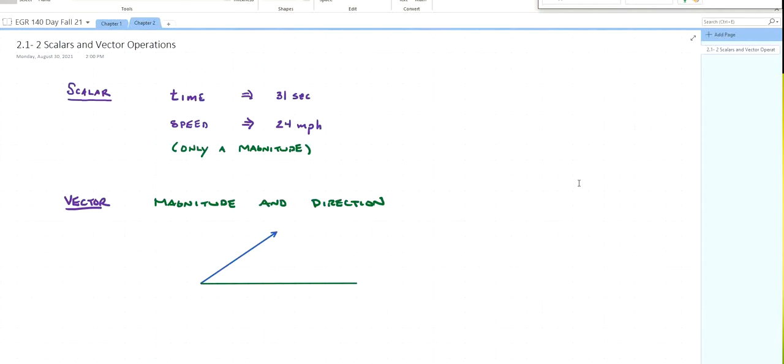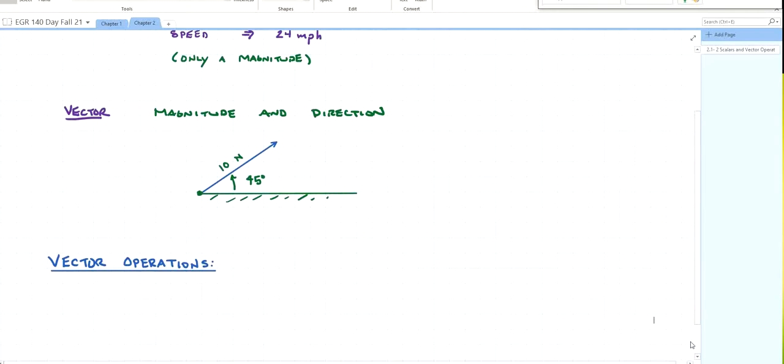So the vector here in blue might have a direction from some reference here of 45 degrees, and then again the vector, the blue arrow, might have a force of 10 newtons, magnitude and direction.